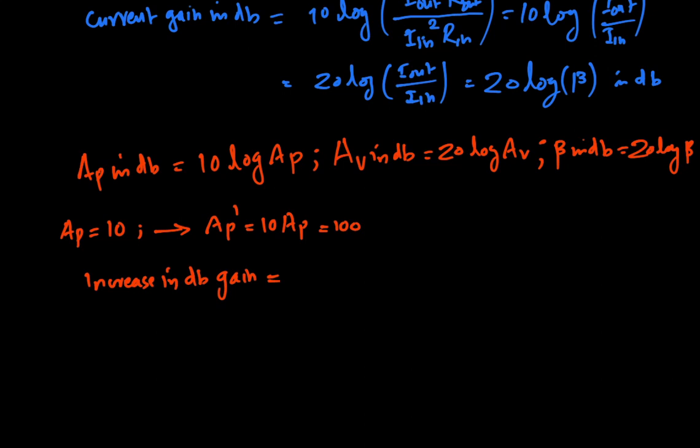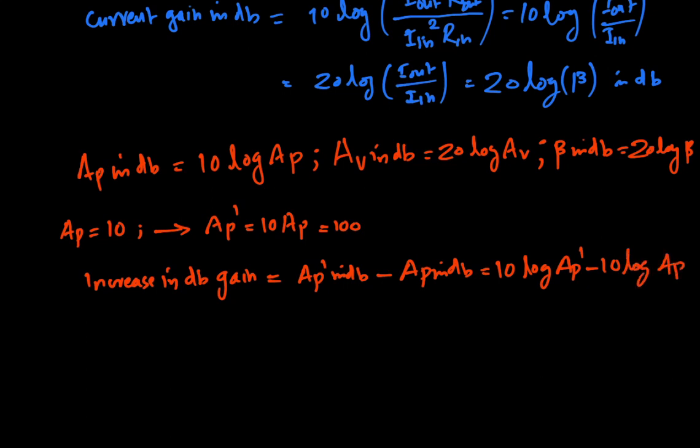the final gain in decibel, that is AP prime in decibel minus AP in decibel, which is 10 log AP prime minus 10 log AP.